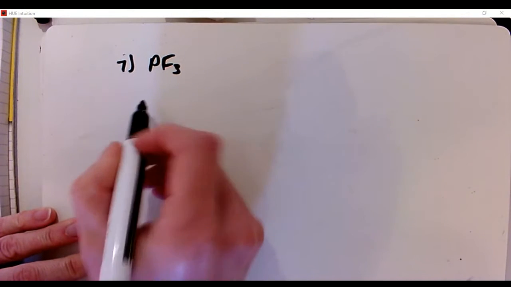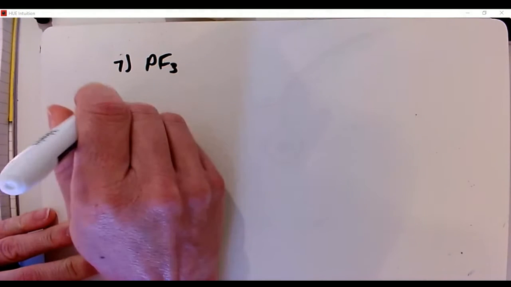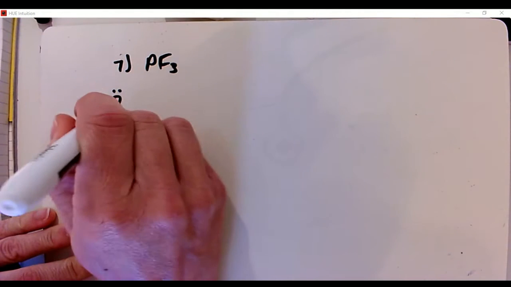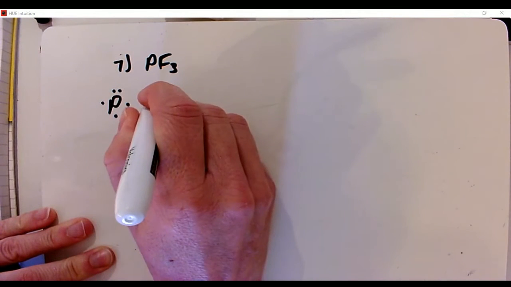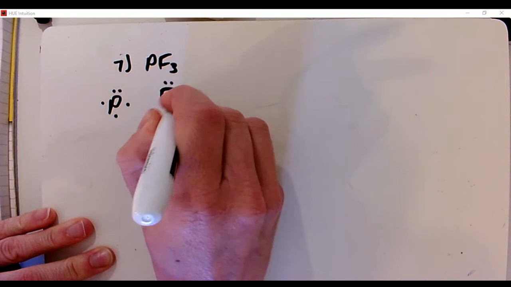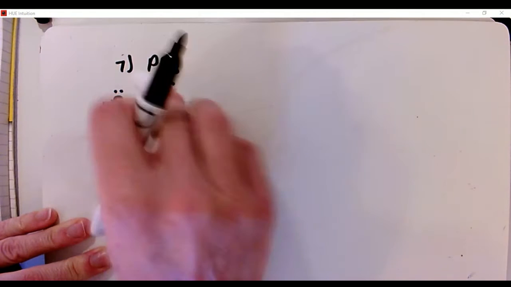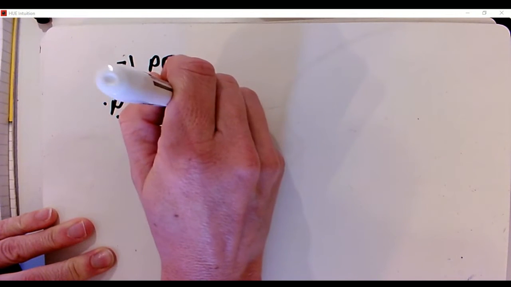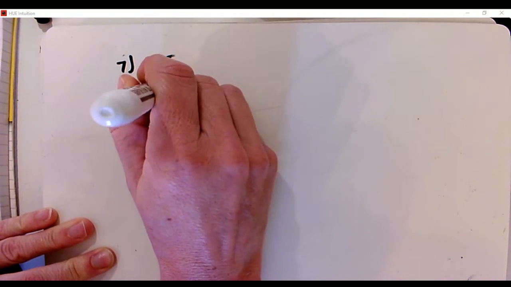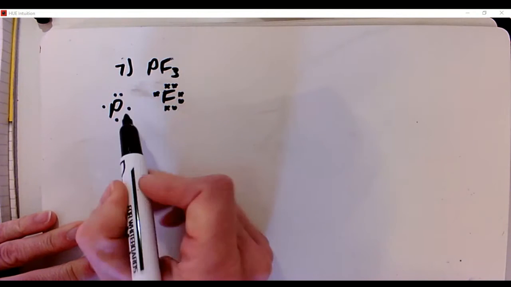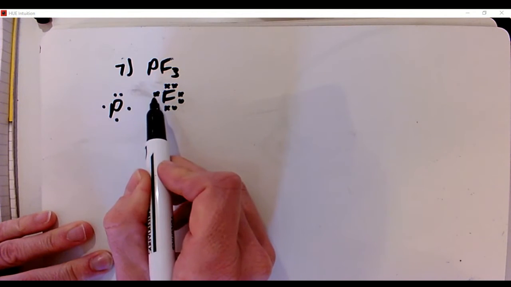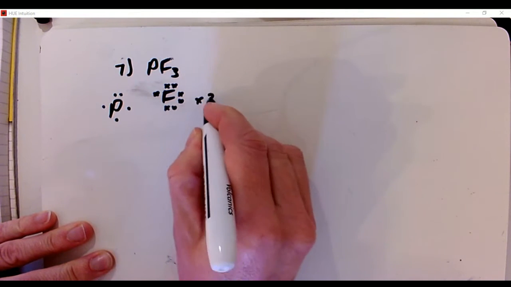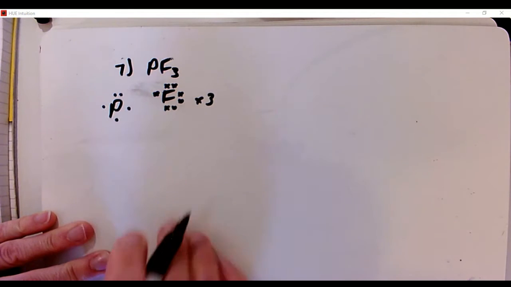Okay, so PF3, right, so how does this work? Now, if we do the phosphorus atom, and we do the fluorines, okay, so what happens here is there are 3 unpaired electrons, and you've got 3 fluorines in total, so you're going to form the covalent bonds around here.